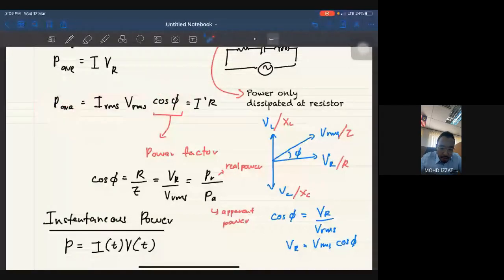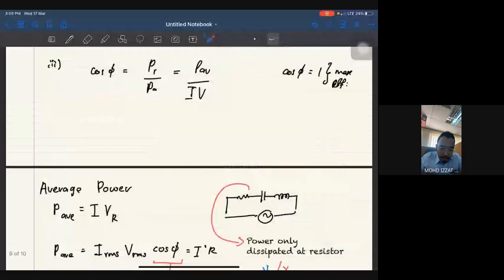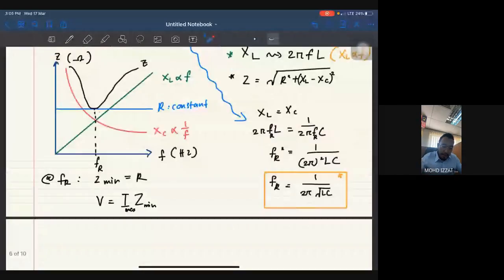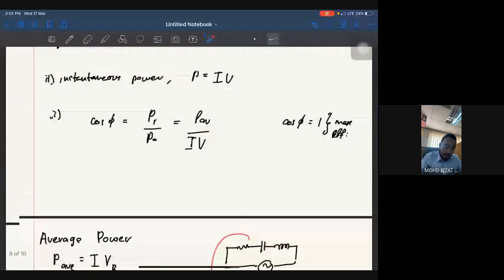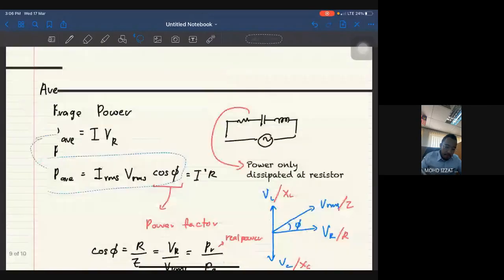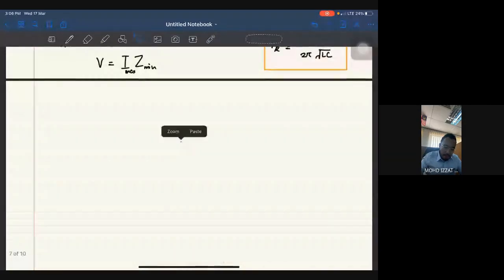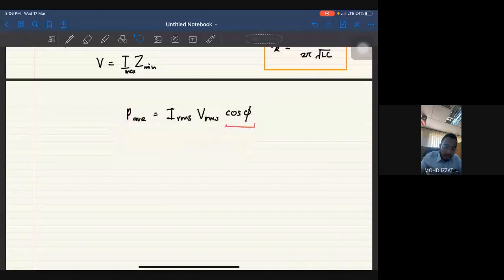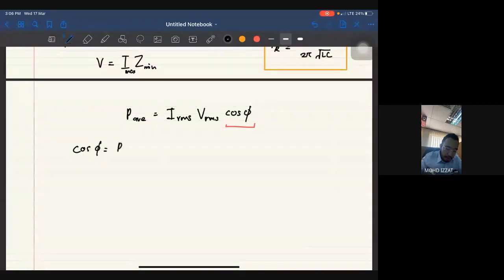Okay, if you still remember, I can write it over here. So basically this is the equation of P average. But notice that we have a cos phi over there. The cos phi, as you guys know, is actually equal to R over Z.